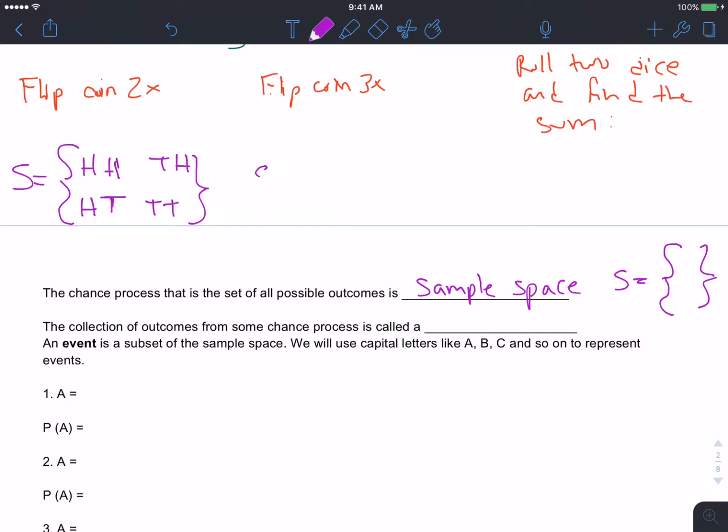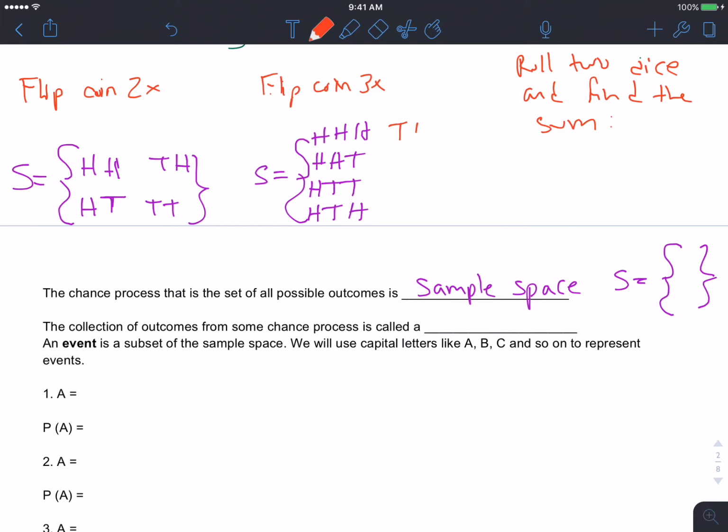If I flip a coin 3 times, I'm actually going to be able to get 8 different outcomes. I could get heads, heads, heads; heads, heads, tails; heads, tails, tails; heads, tails, heads.